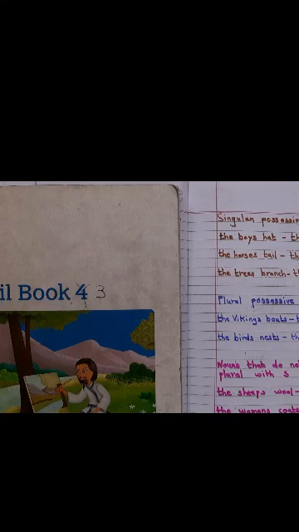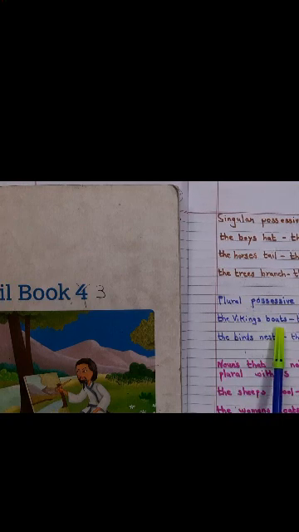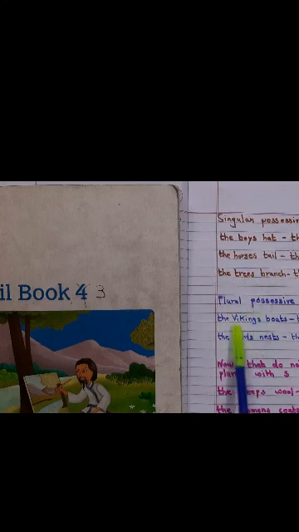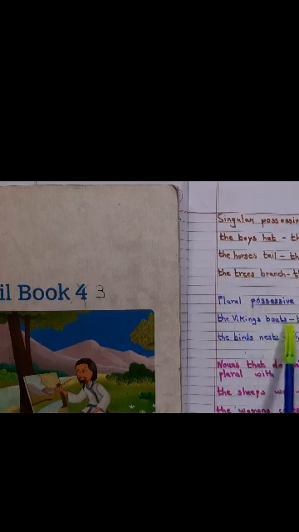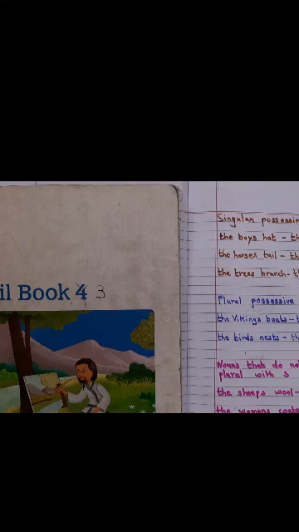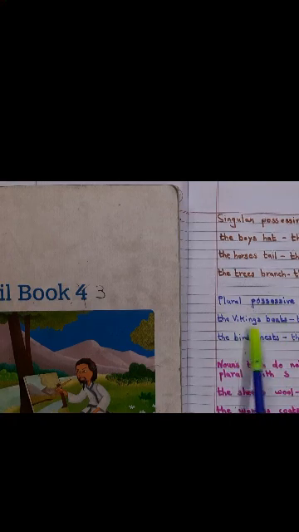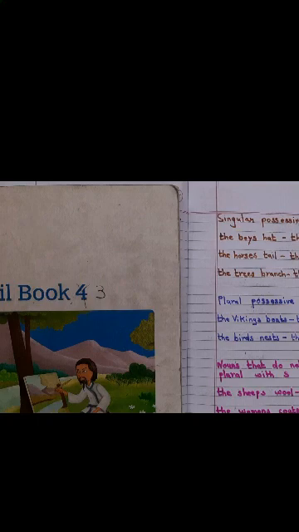Now, plural possessive nouns. The Vikings' boats. Children, here see Vikings. Now you will say boats is also plural, but children, what we are doing is possessive. The boats which belong to the Vikings. So where will I put my apostrophe now, children? Yes, the Vikings' boats, it is after S.